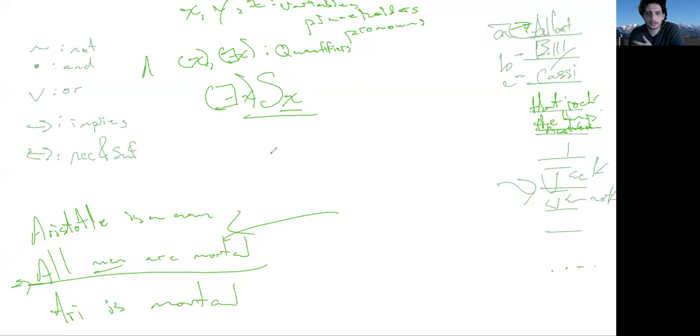This one means some, and this one means all. Anytime you use a variable, you need to introduce that variable with the quantifier. That quantifier tells you how many people you're really talking about.